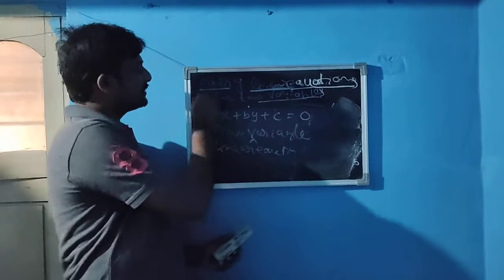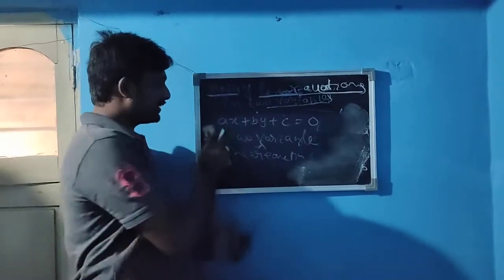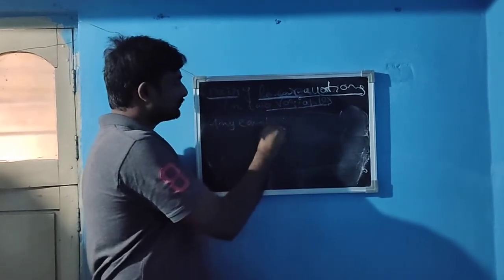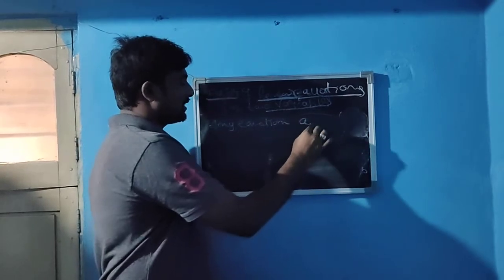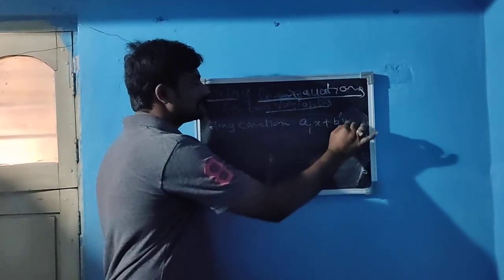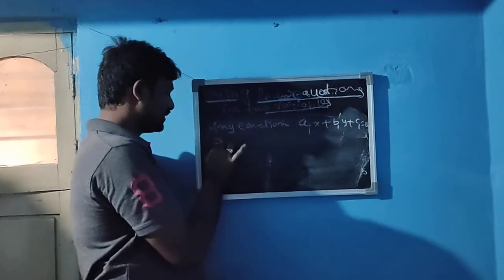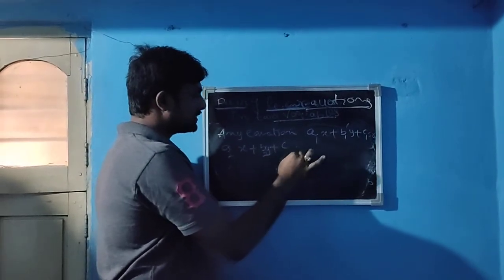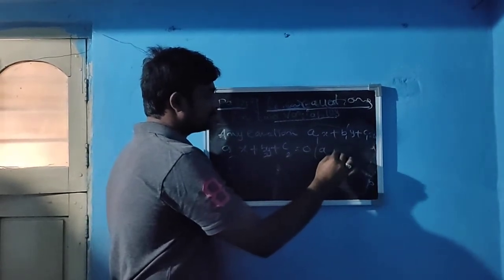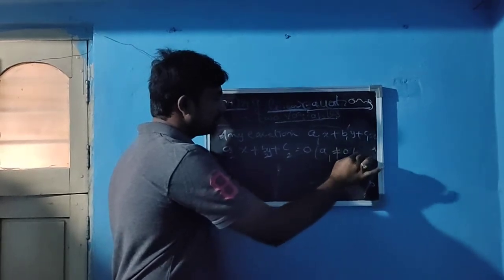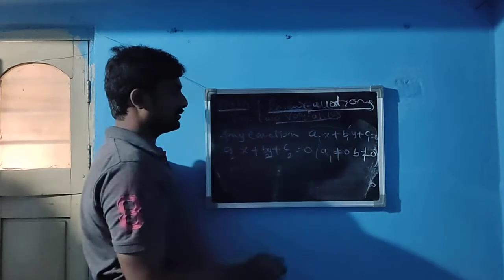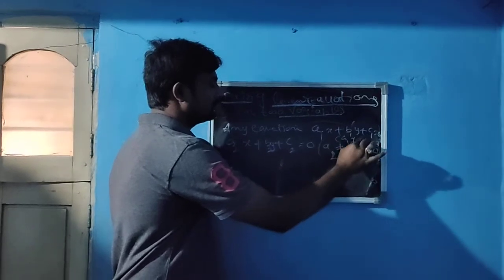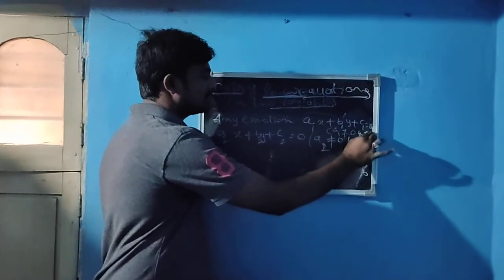Next, what is the meaning of a pair of linear equations? The equations a1x plus b1y plus c1 is equal to 0, and a2x plus b2y plus c2 is equal to 0, where a1 is not equal to 0, b1 is not equal to 0, a2 is not equal to 0, and b2 is not equal to 0.